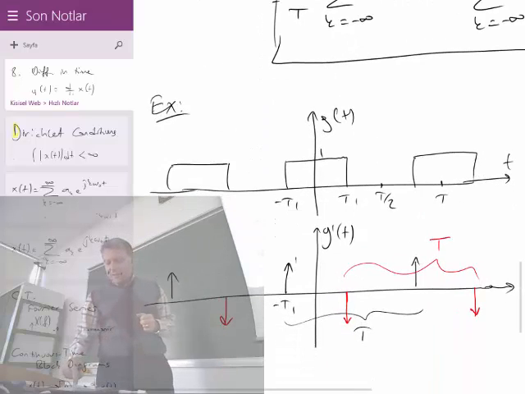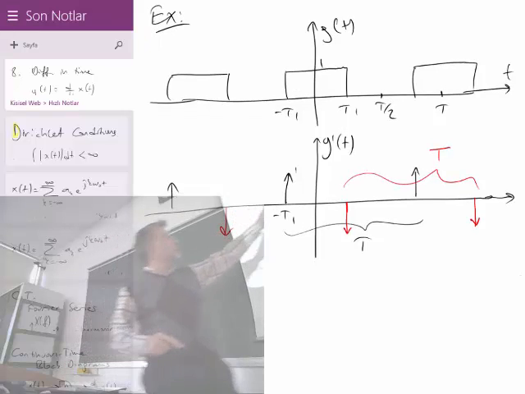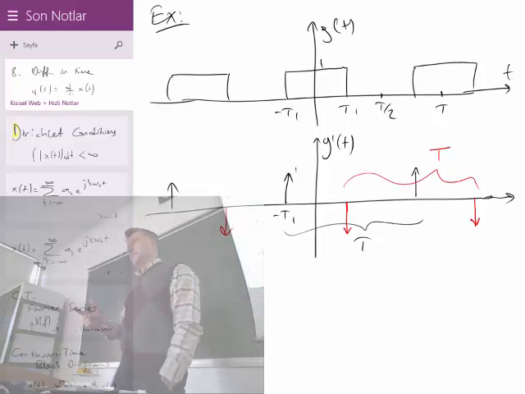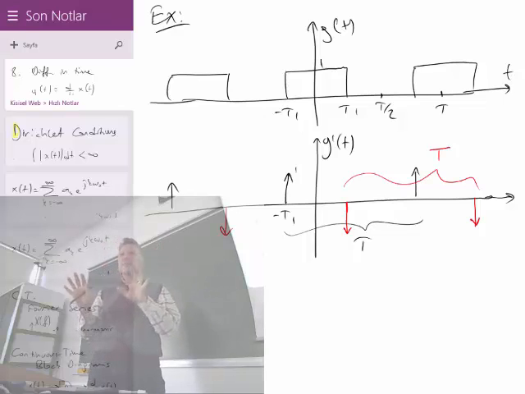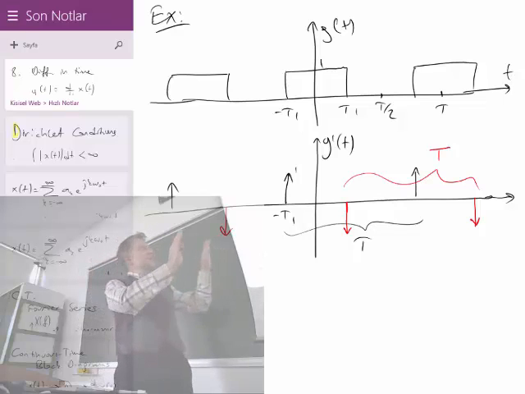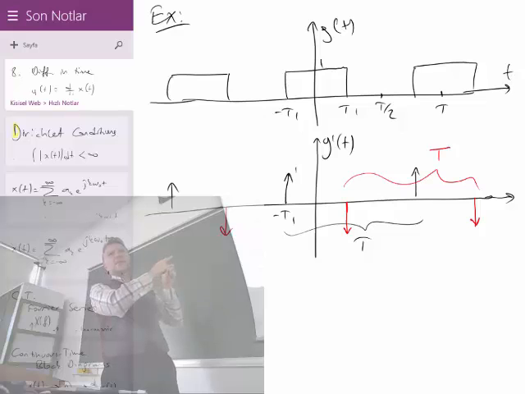But of course, the Fourier series coefficients of these black signals is not 1 over T. Why? Because it is shifted towards left by an amount of T1. And do you know what happens when you shift something? You multiply with a complex exponential. Do that. Multiply with a complex exponential and find the Fourier series coefficients of the black impulse train.